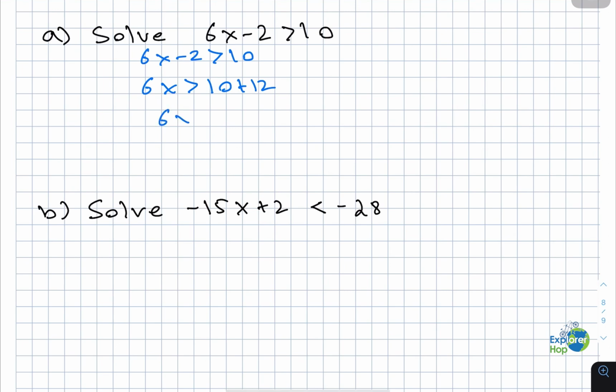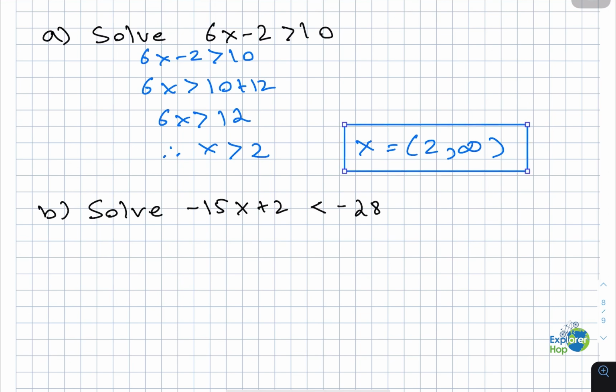This would give us 6x is greater than 12, therefore x is greater than 2 is our answer, which can be written down as x goes from 2 to infinity. That's our final answer. And you can combine it with this as well. So x is greater than 2.